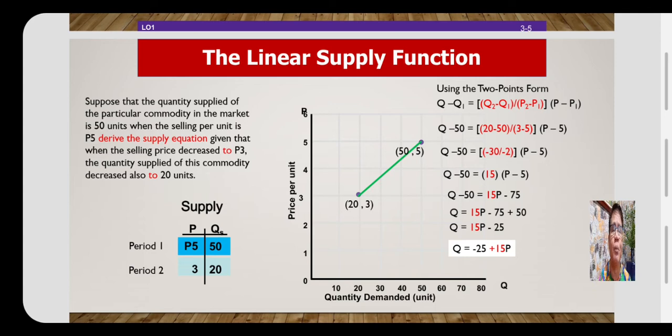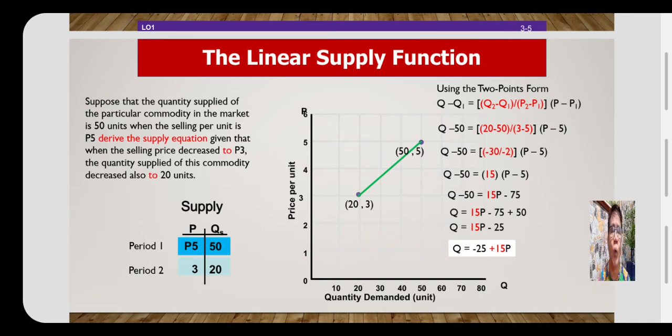And the second period is given by a paired value of 20 and 3, 20 being the quantity supplied and 3 pesos being the price. That refers to the second point on a Cartesian plane.